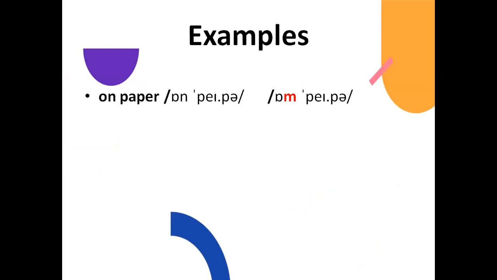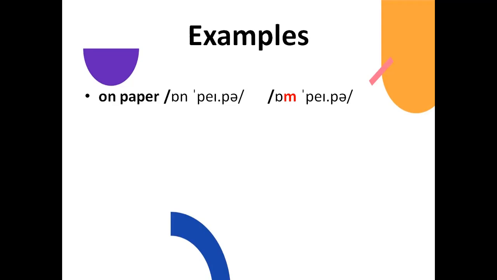See its examples. Number one, see, it is on paper. The sound is n in on, and after that, the first sound of paper is p. So the n sound of on will be changed into the m sound, and on paper will become om paper.